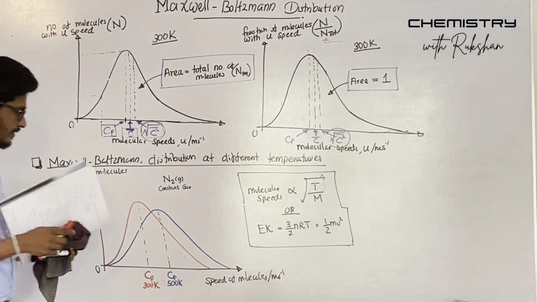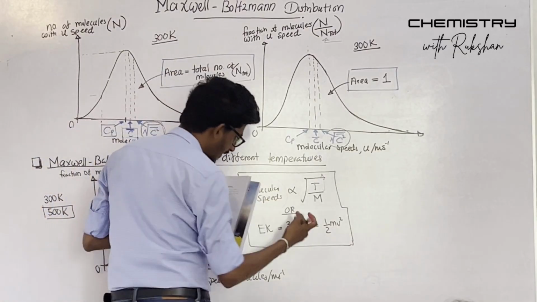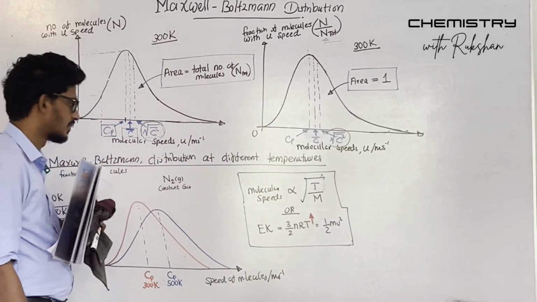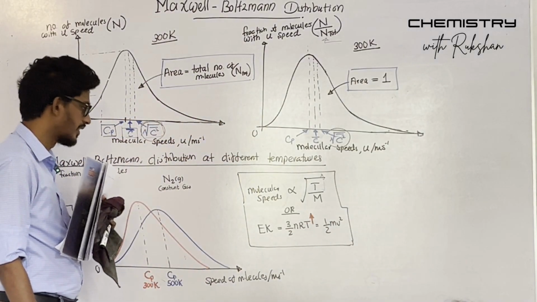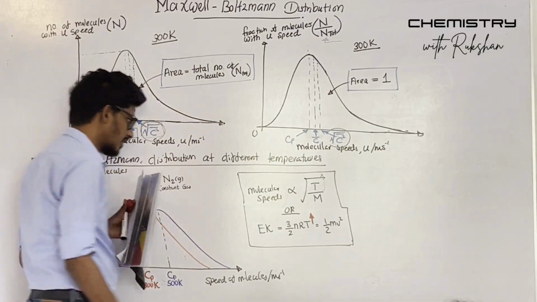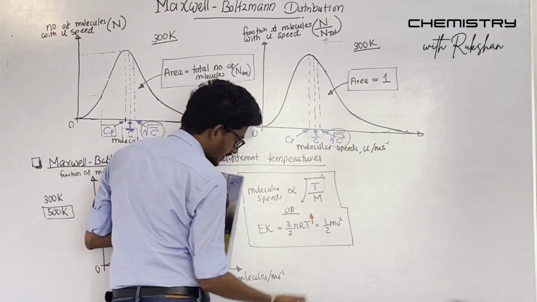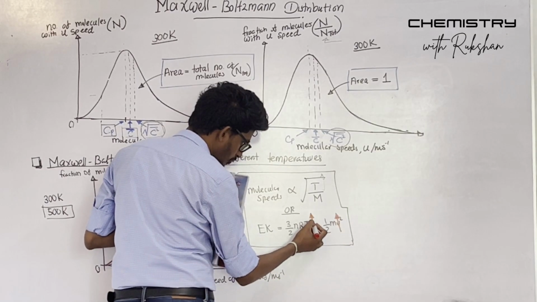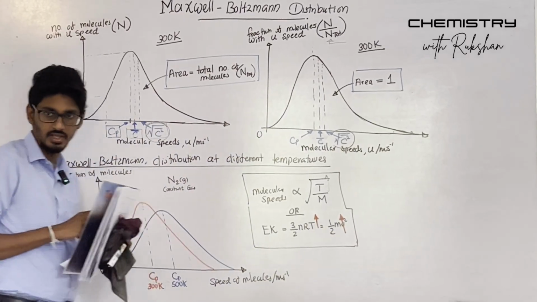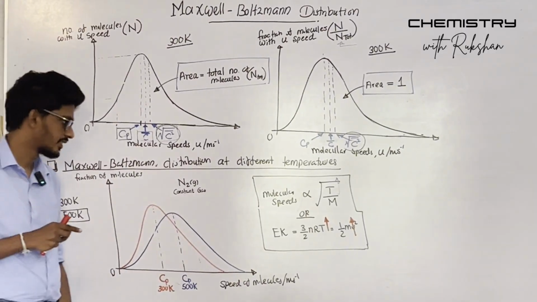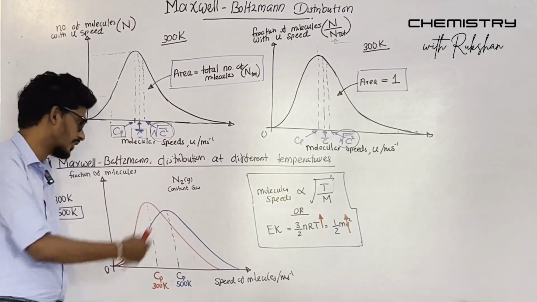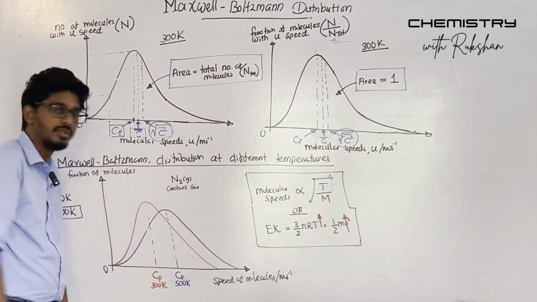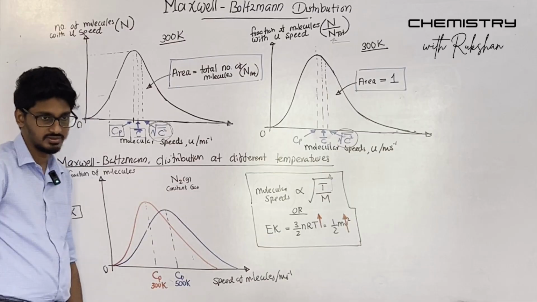So as we are dealing with greater temperatures, this should be high. So molecular speeds go towards higher velocities, higher speeds, when the temperature is high.